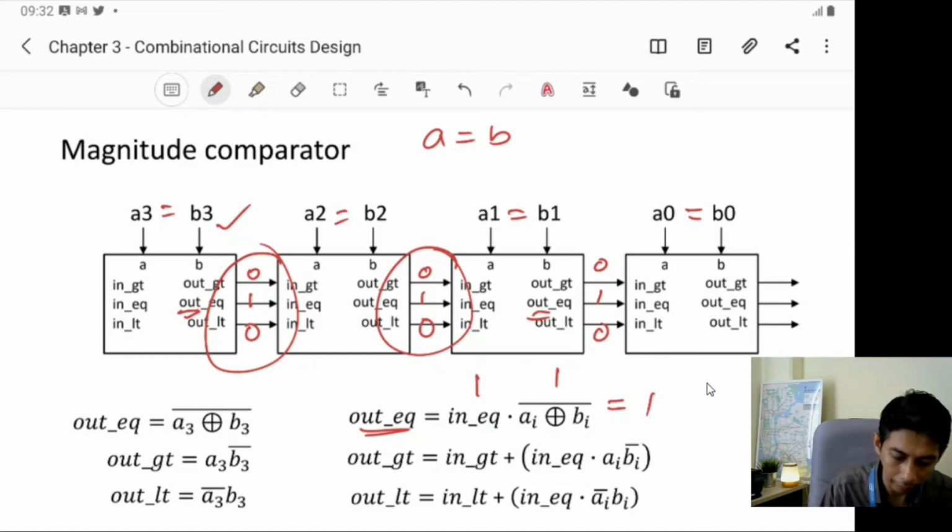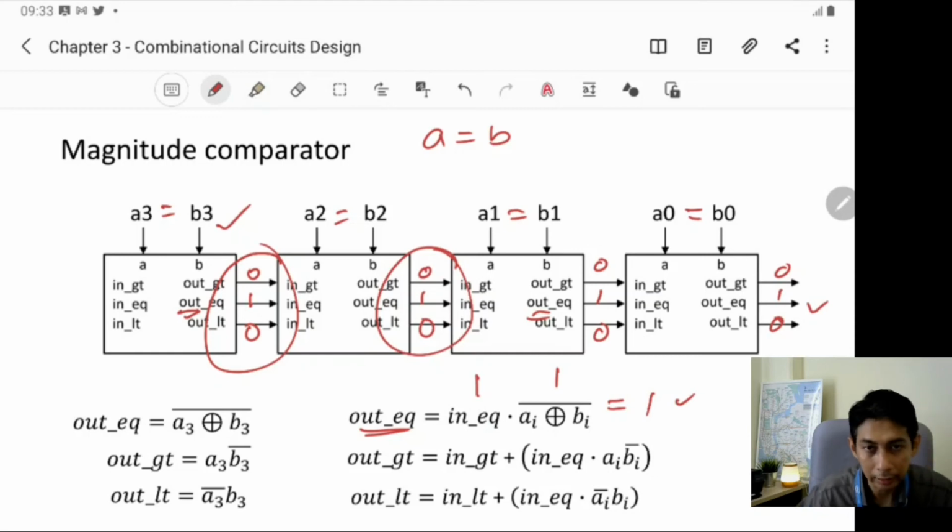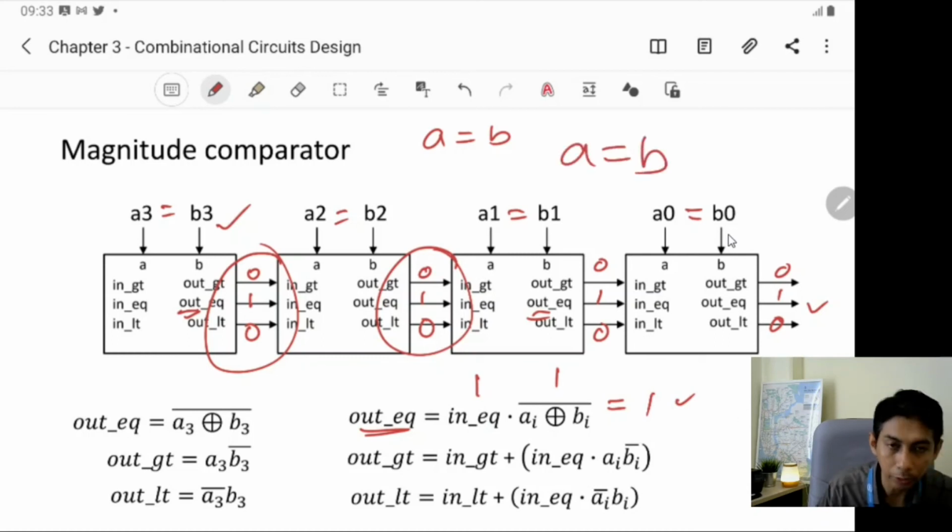And we will have 0, 1, 0 here. Alright. So, if we have the output at the end stage here, A0, B0, the output is like this. Now we confirm that A is equal to B. Alright, that is the case that A equal to B.